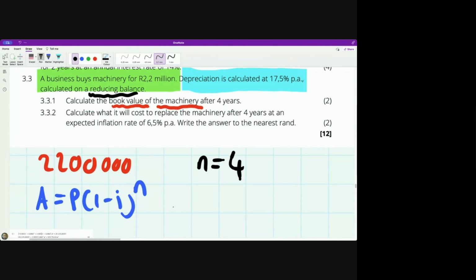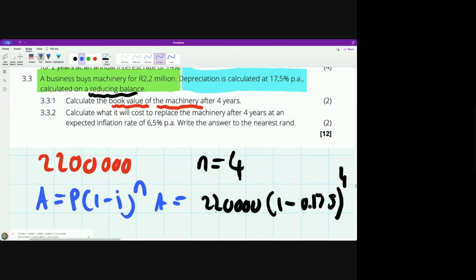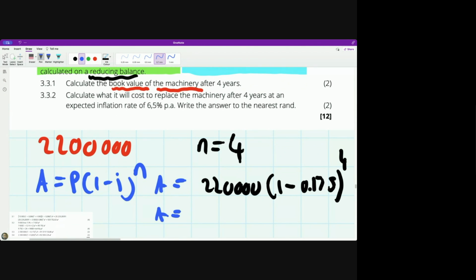So we've got 2,200,000, 1 minus 0.175 to the power of 4, and that is going to give us an A value of something, which is actually going to be the book value. So what is that book value going to be?